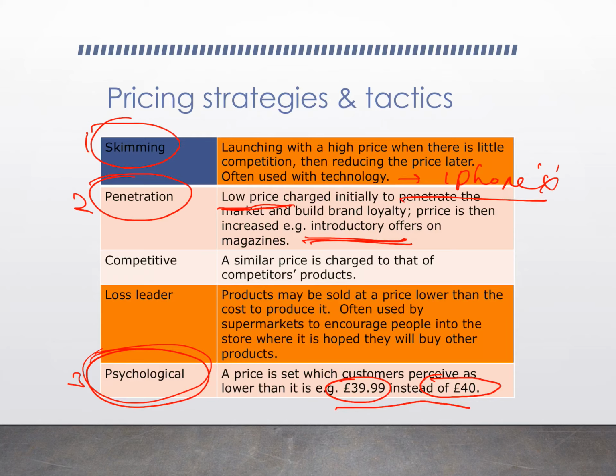Many clothing companies, many footwear companies use this psychological pricing, which is a very active and workable pricing strategy too. So the pricing strategies are skimming, penetration, and psychological pricing. Okay, so you know what pricing strategies you could use for your product.